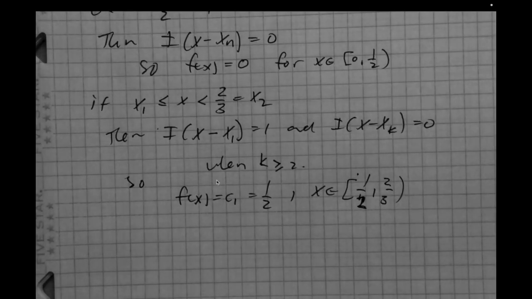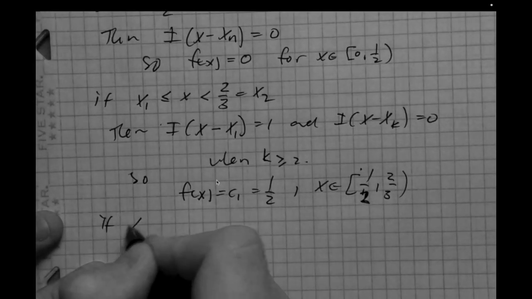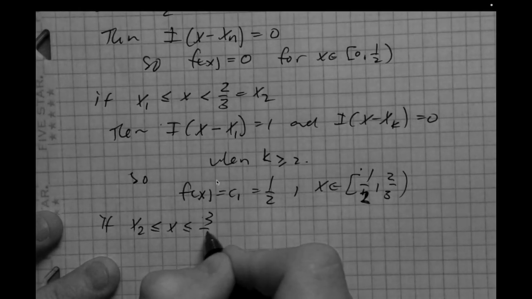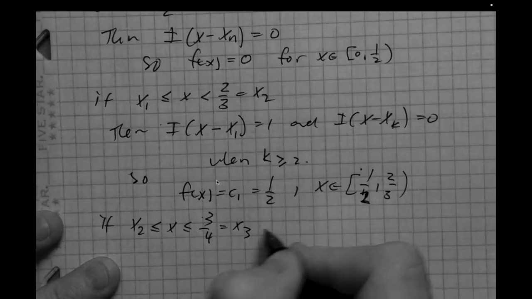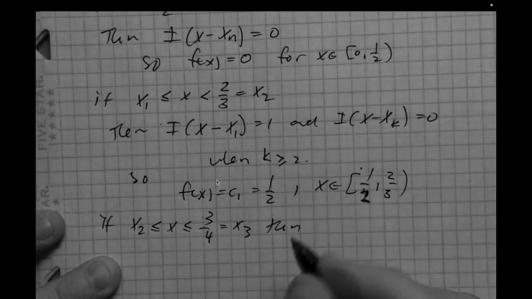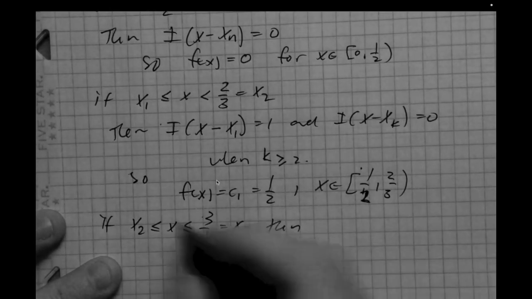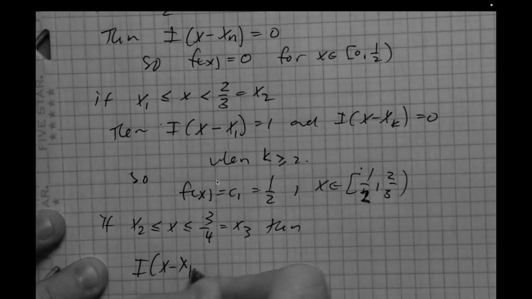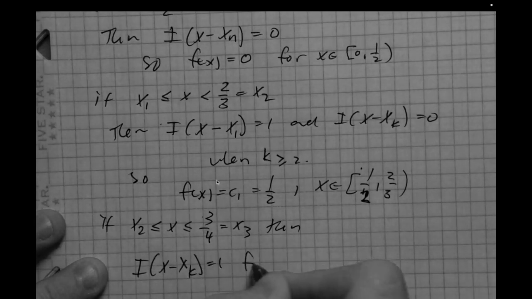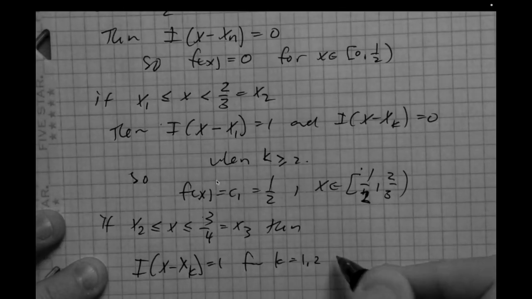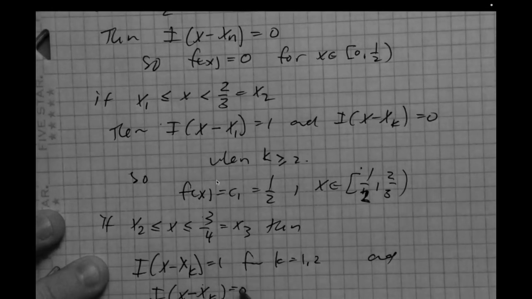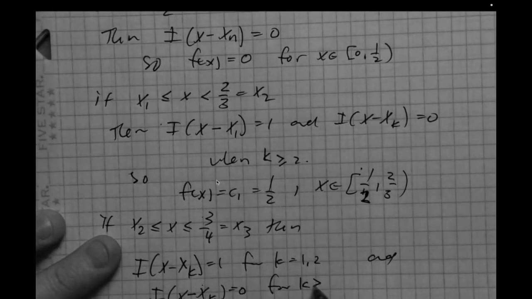And then we'll go one more step. If x_2 is less than or equal to x, which is less than or equal to, I believe, 3/4, which would be x_3, then I of x minus x_k would be equal to 1 for k equals 1 and 2, and I of x minus x_k would be equal to 0 for k greater than or equal to 3.